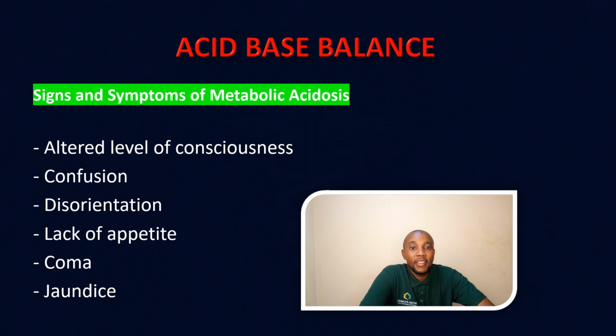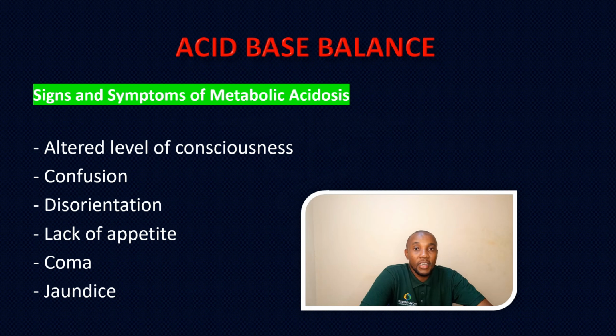We now look at some of the signs and symptoms of metabolic acidosis. This one we just highlight for the purpose of remembrance for your exam. One of the signs and symptoms of metabolic acidosis is confusion with high acid levels in the body. Remember, they are not good for the patient.